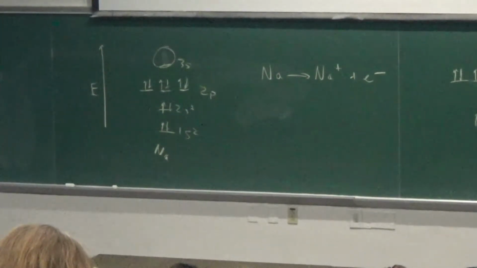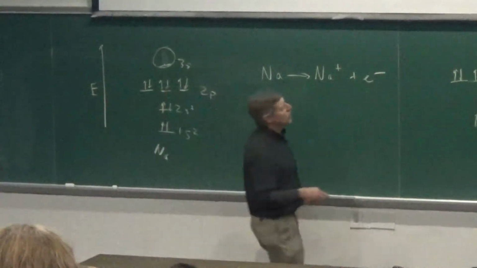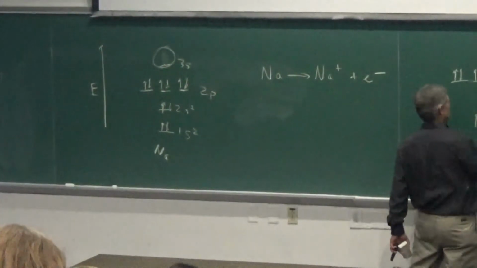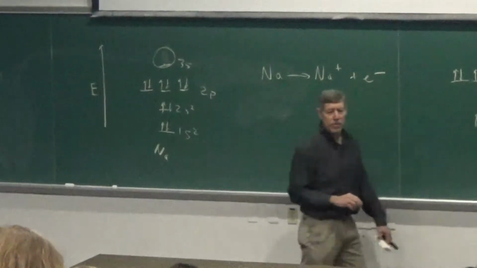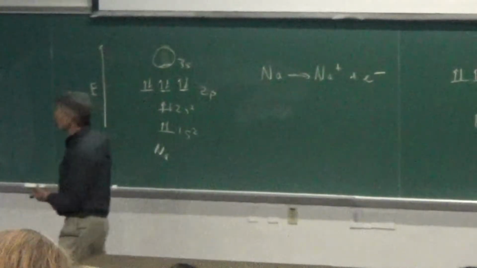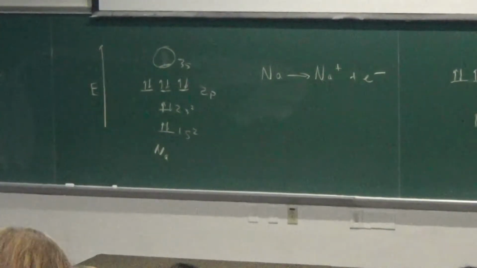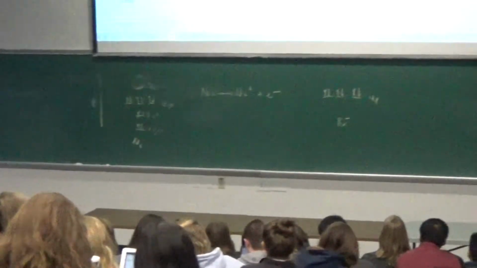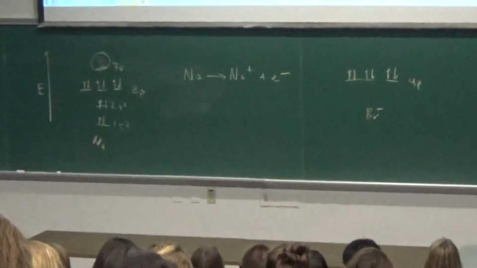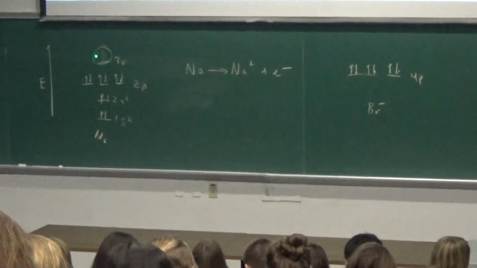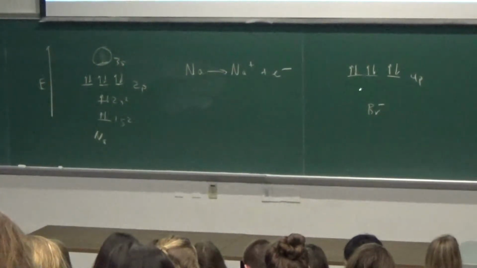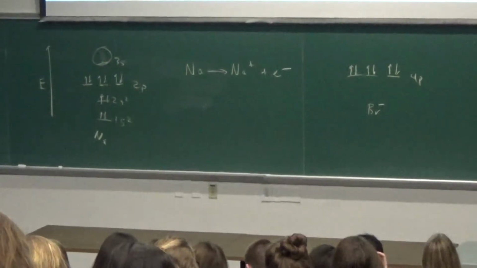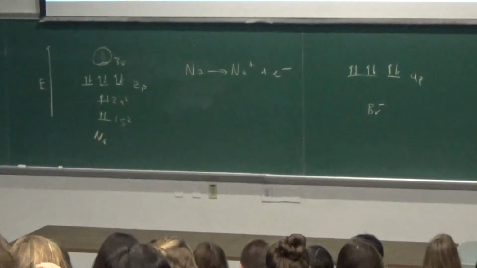The p orbitals would be filled. So it relatively readily will pick up an extra electron and then makes a bromide. So you can see if you get sodium atoms in the presence of bromine atoms, that they can pull a swap, they can make a deal. The sodium relatively easily gives up this electron, the bromine readily accepts it, and then they form an ionic compound as a consequence of that.